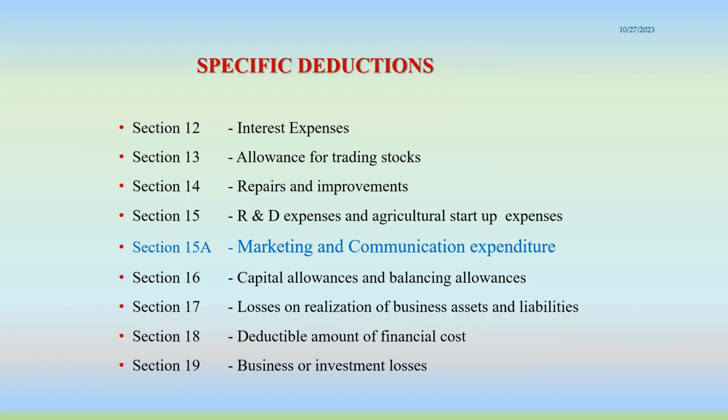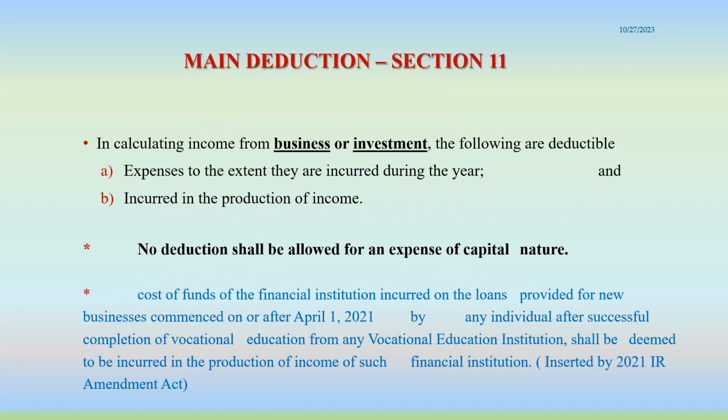Okay. So what do you think? Do you think that we do not have expenses in capital nature in a company or a person? There are a lot of capital nature expenses. That kind of expenses should be incurred by the taxpayer, by a company or an individual. So we have another provisions to deduct that kind of capital nature expenses.